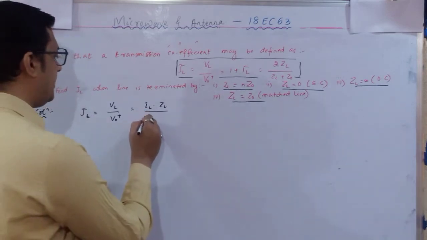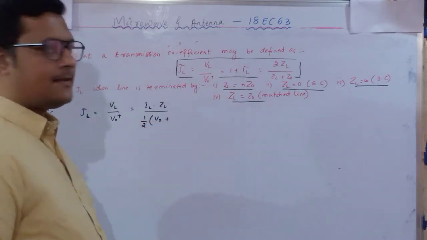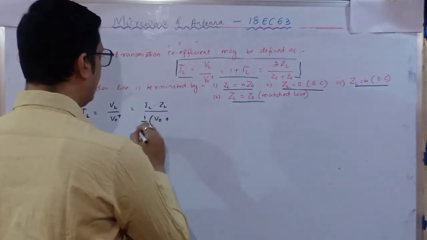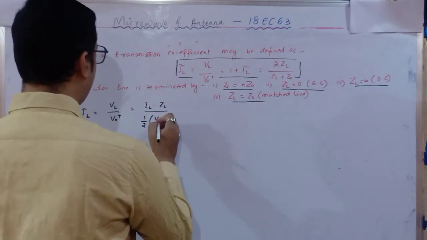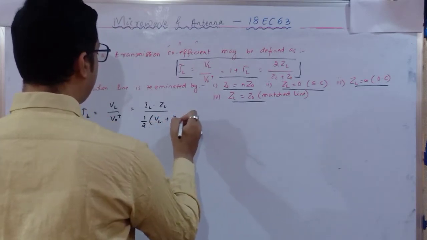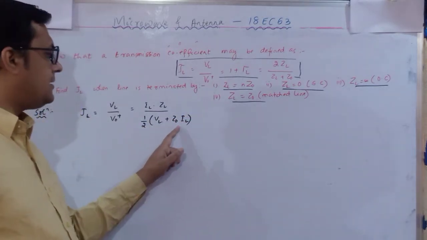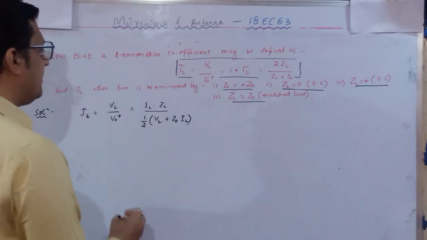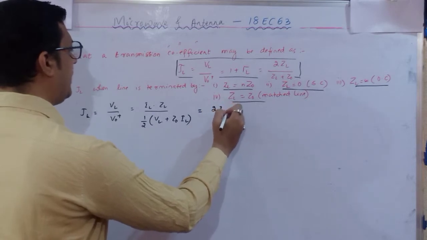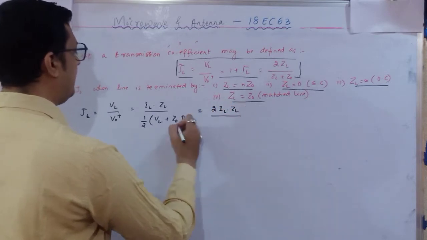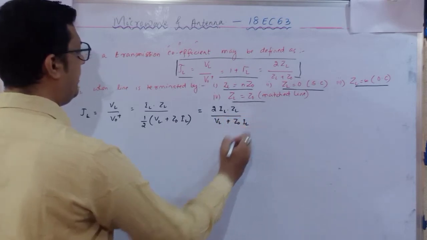V0 plus is half of V0, okay, plus, this you can write at the load term, Z0 and IL, half of VL plus Z0 into IL. Now if you take these two, on the upper side you will get 2IL into ZL, and in the denominator you will get VL, Z0 and IL.